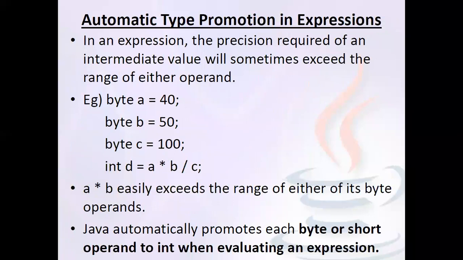Further to this, today we'll take up the automatic type promotion in expressions, and then if time permits, we'll go through arrays also. Whenever we use variables of different types within expressions, naturally it is the higher type which will be the end result.